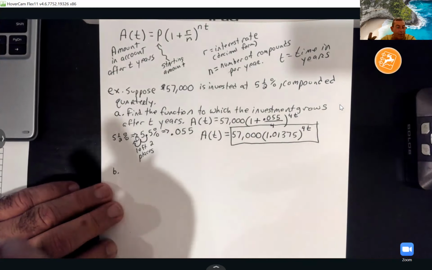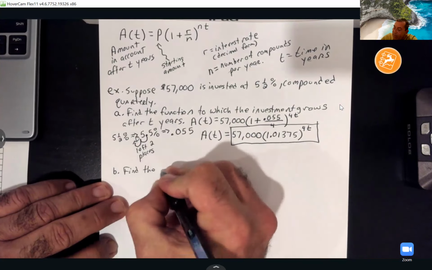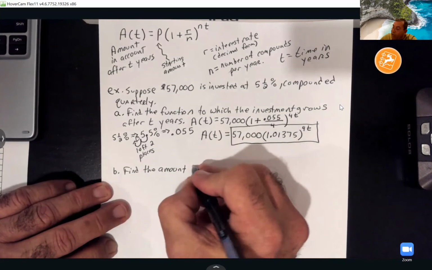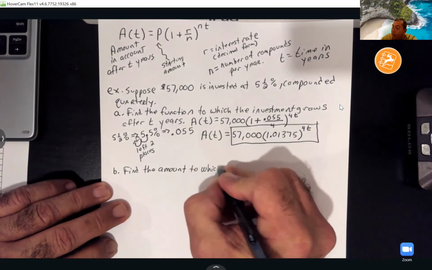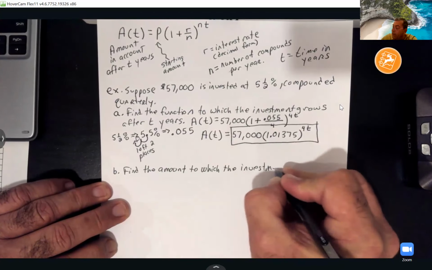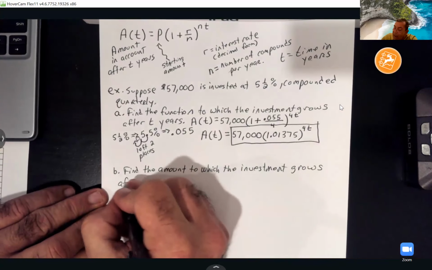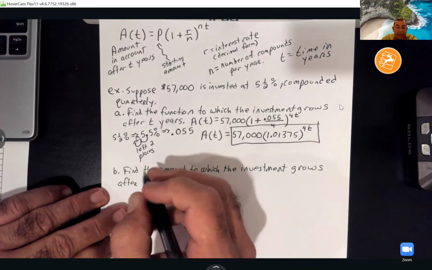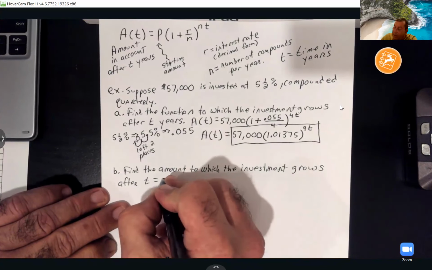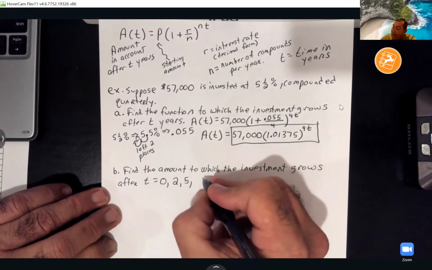So it's only got A and B, but look at B. They want me to find the amount to which the investment grows after T equals 0, 2, 5, and 10.